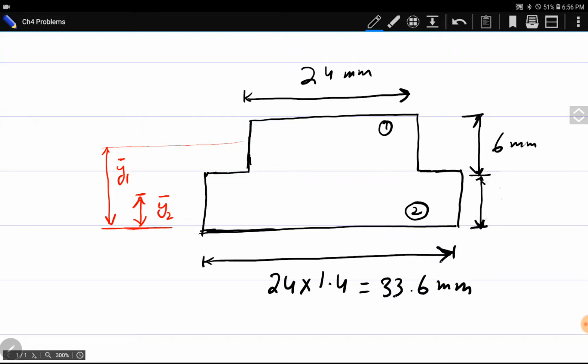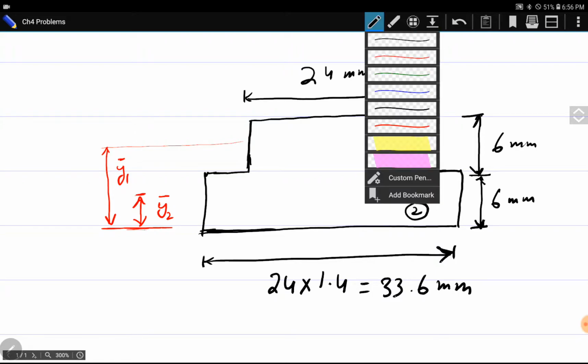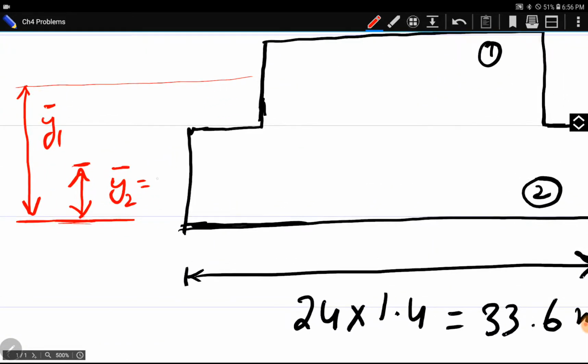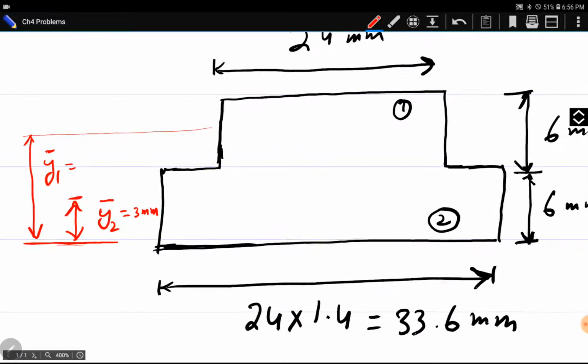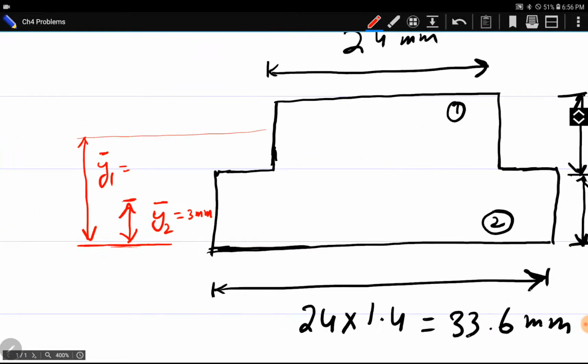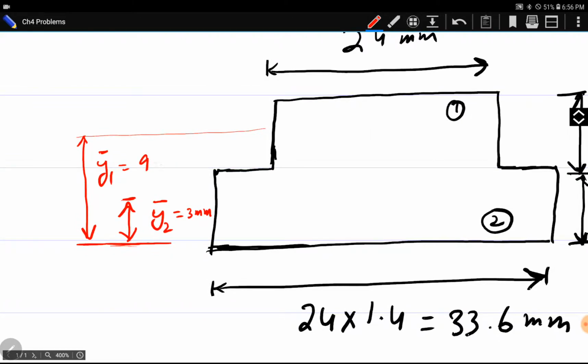The height of each part of the beam is actually the same, 6 mm. So Y2 will be half of 6, which is 3 mm, and Y1 is 6 plus half of the top 6, so it is 9 mm.